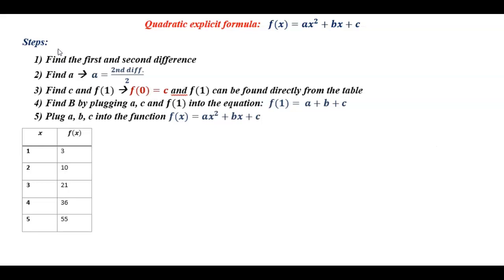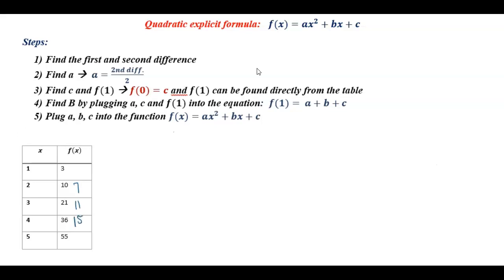So 3 plus 7 is 10. What do I add to 10 to get 21? That'll be 11. What do I add to 21 to get 36? That'll be 15, I believe.